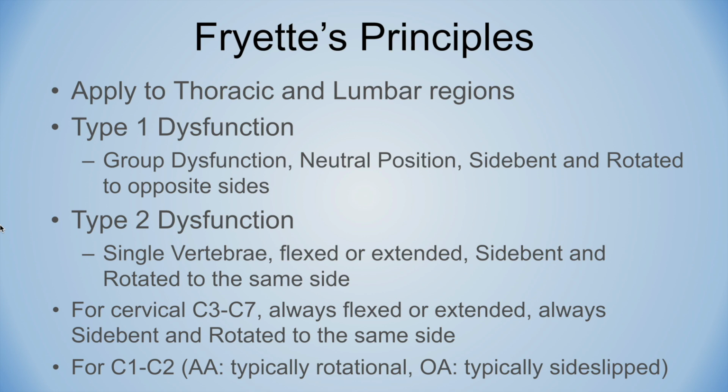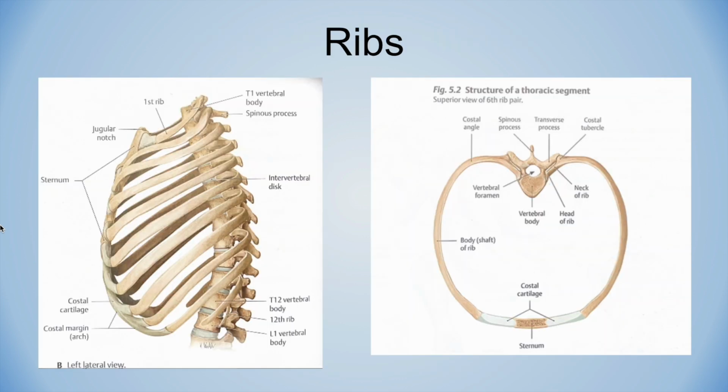For C1 and C2, the atlantoaxial joint will typically primarily move in a rotation and have dysfunction solely in rotation. And then the atlanto-occipital joint will side slip and will move side to side and will actually have a bit of a side bending and rotation component to it. But we won't get too much into that joint in class.